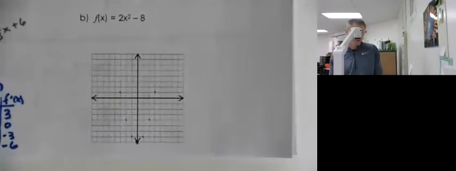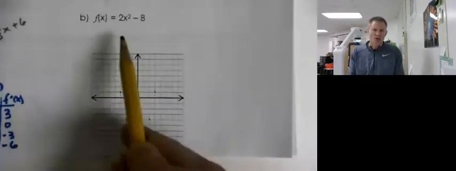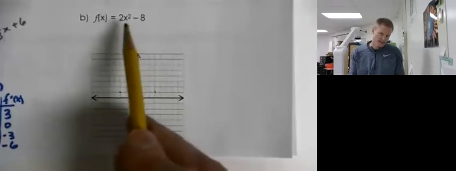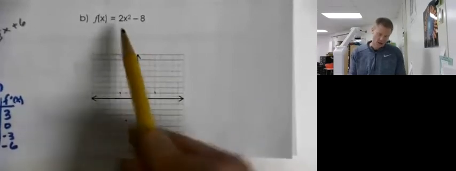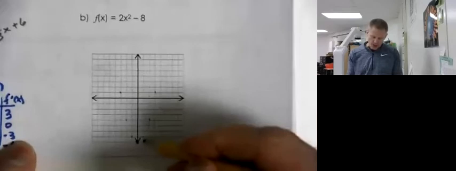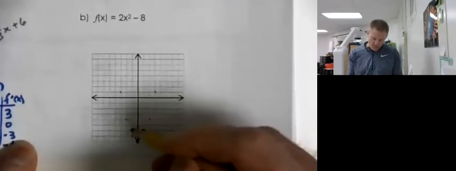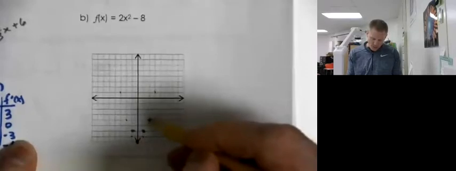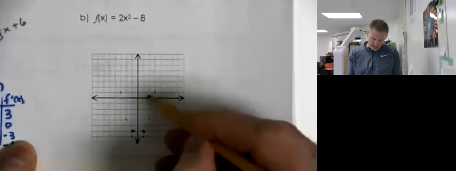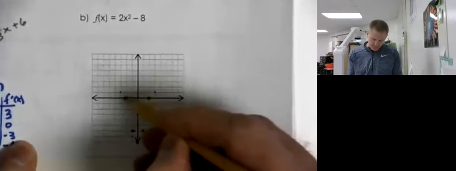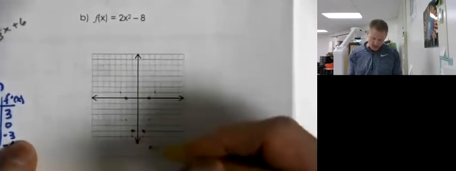But this isn't a parent function. This is vertically stretched by 2. So instead of going up 1, we're going to go up 2. Instead of going up 4, we're going to go up 8. And instead of going up 9, we're going to go up 9 extra, or up 18 total.